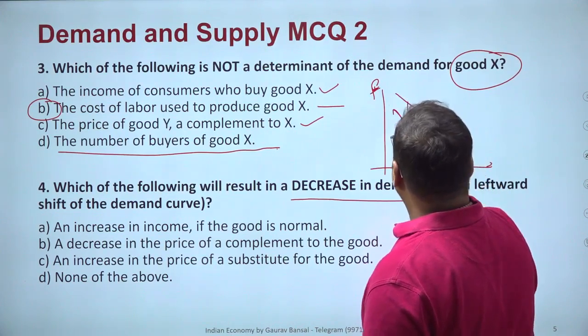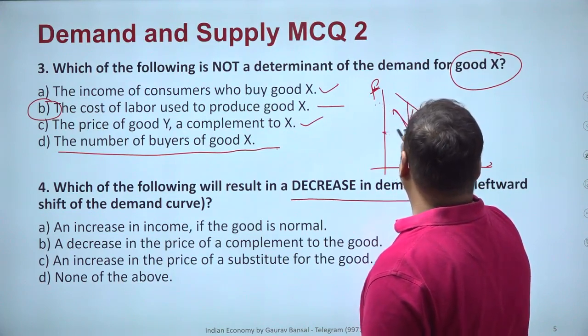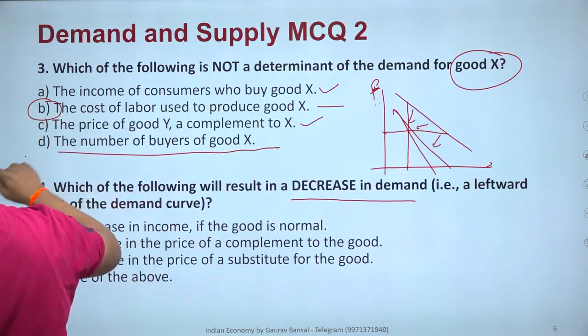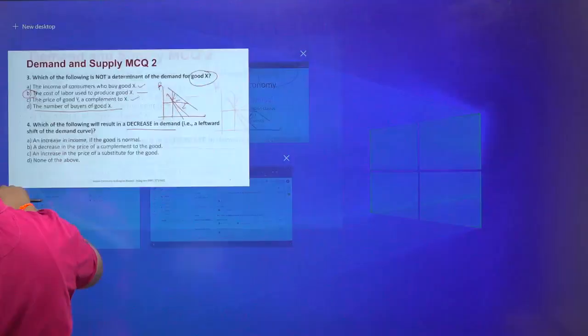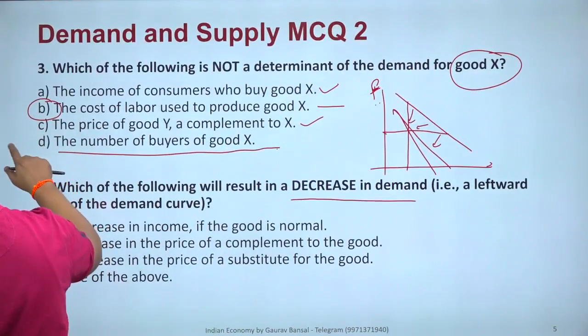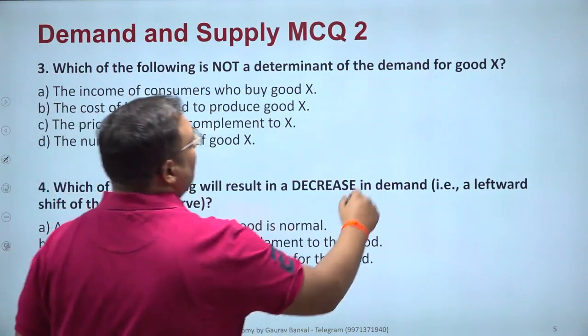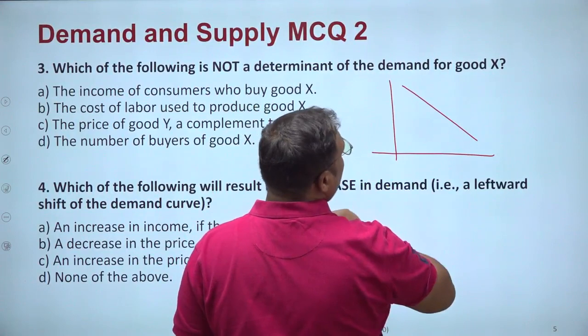Okay, for example, if this is the price, sorry, just 1 minute. Give me 1 minute, please. Yes, let me make it again. Let us say this is the demand curve.